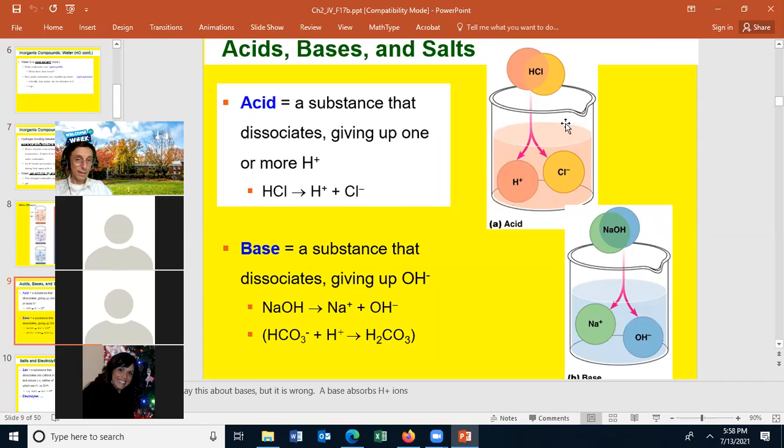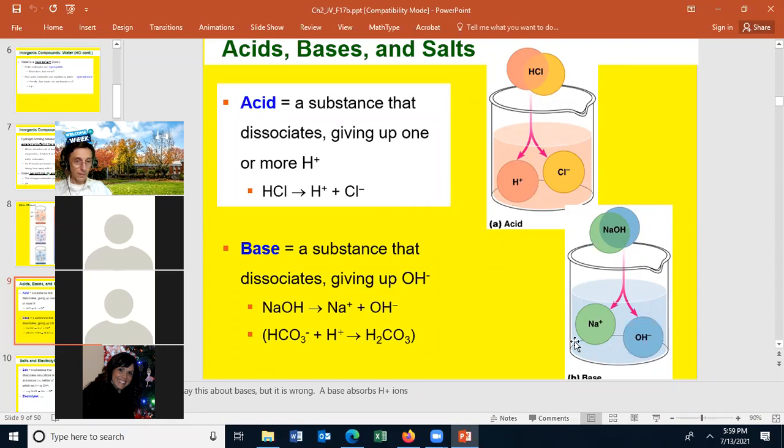And this will be an acid solution from increasing the hydrogen ions in solution. Now the textbook says a base is a substance that dissociates and gives up OH minus in solution, like sodium hydroxide, which, when you dissolve it in water, will release the hydroxide ion, which is basic.